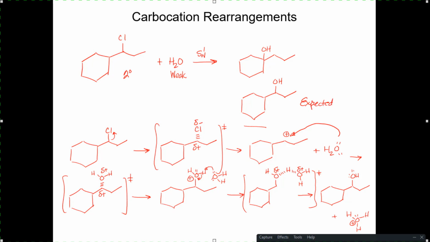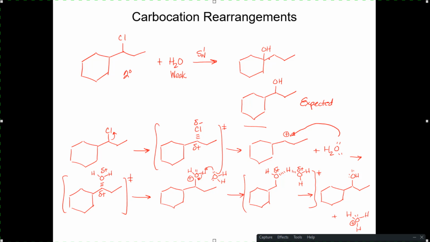And unless we actually do this reaction, we wouldn't necessarily know that the unexpected product is formed. One of my issues with textbooks is that they start throwing around carbocation rearrangements, and usually the people that write the problems are different than the people who write the textbook.